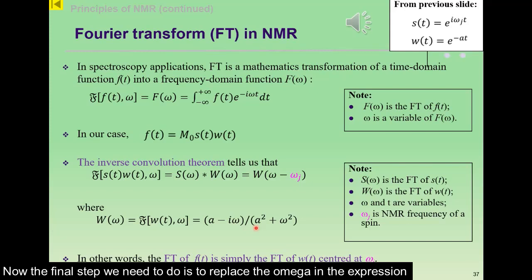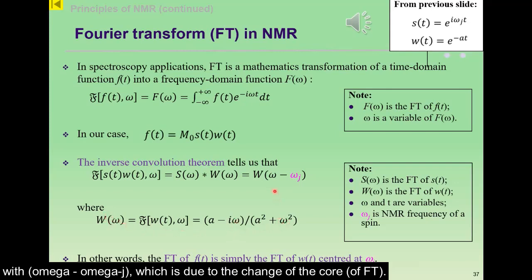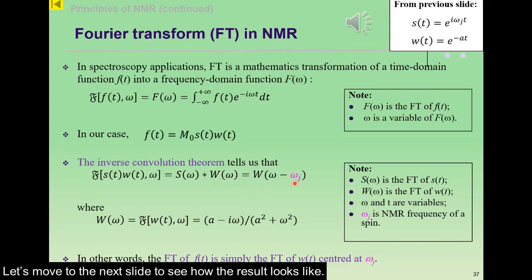Now, the final step we need to do is to replace the omega in the expression with (omega minus omega j), which is due to the change of the core. Let's move to the next slide to see how the result looks like.